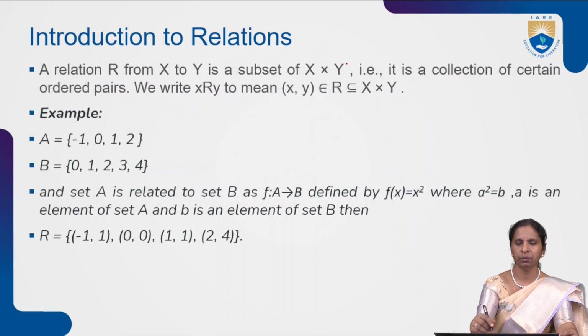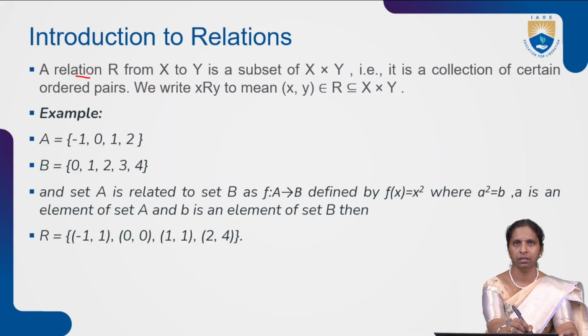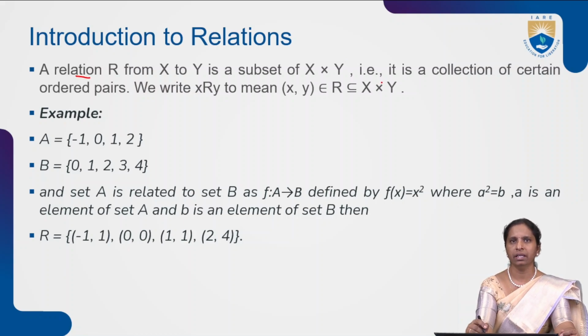Now, from this Cartesian product, we are going to give the definition of relation. Now, what is the relation here? The relation is from x to y. X is a set and y is one more set. So if you want to define a relation R from the set x to the set y, then it is defined as a subset of the Cartesian product x cross y.